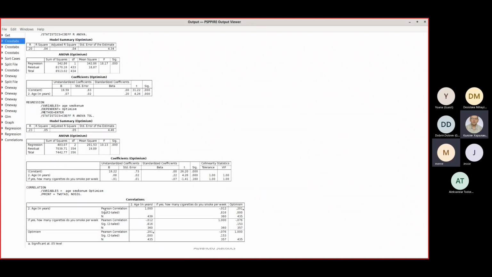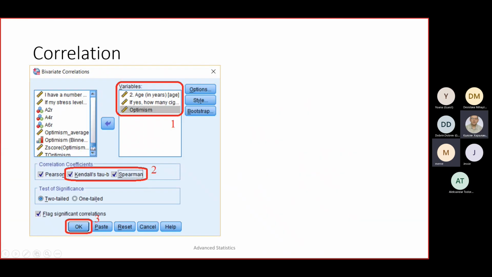In PSPP here is written Pearson correlation, but here instead, we have also Kendall's correlation and Spearman correlation.